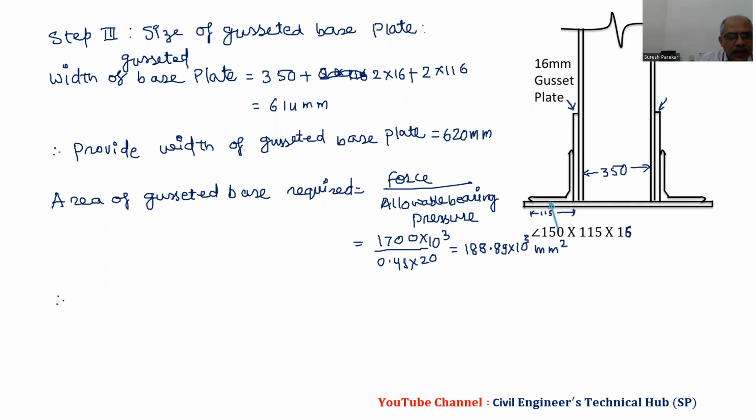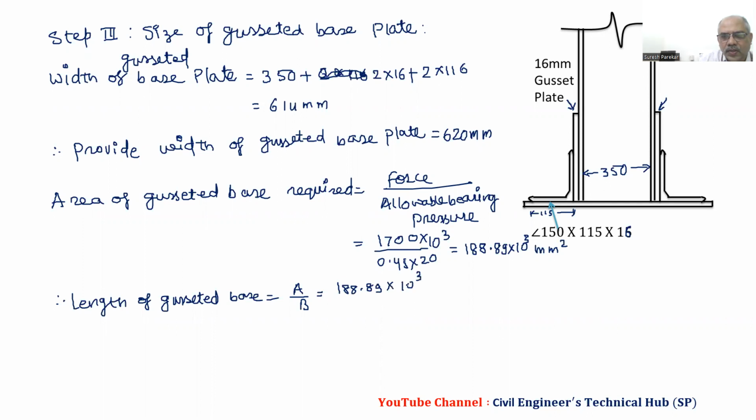And therefore, length of gusseted base required equal to area upon width. Area we have 188.89 into 10 raised to 3, and width we have 620.